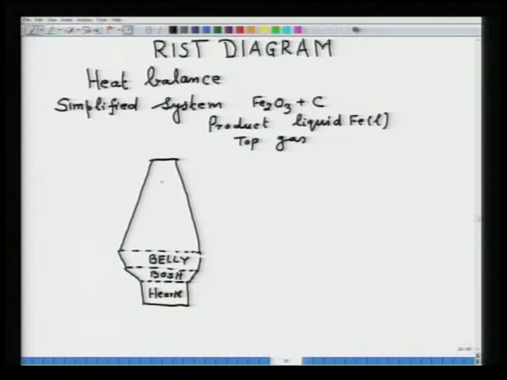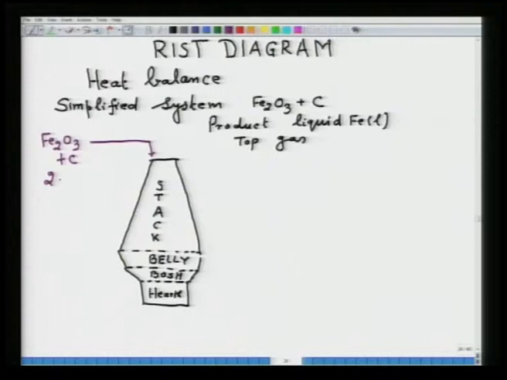This is the stack. So, for our heat balance, on the top we are charging Fe2O3 plus carbon, for which we already did the material balance and arrived at an equation.